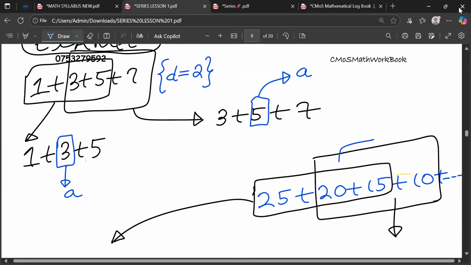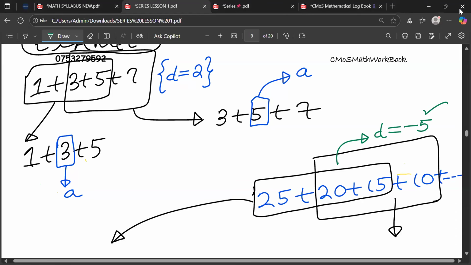Then here, who can tell me the common difference in this second series? If you follow our criteria of any term minus preceding term, what is the common difference there? It is -5, because 10 minus 15, 15 minus 20, 20 minus 25, all of them give us -5.